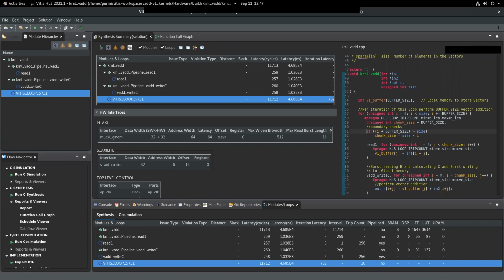So overall, each iteration of the loop takes 4 clock cycles, but it gets overlapped. It gets pipelined. So effectively, every iteration takes only 1 clock cycle. No, but you will be performing 2 operations there, right?